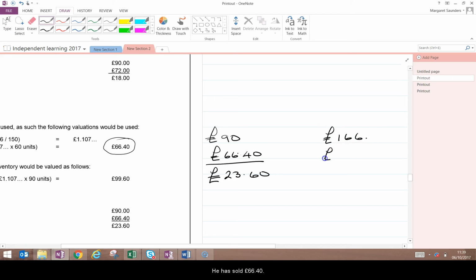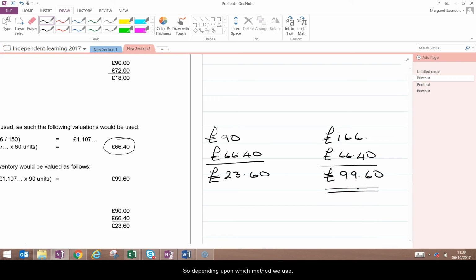He has sold £66.40. Therefore, his closing inventory is £99.60. So again, we have different figures. So depending upon which method we use, we will have different profit figures and different closing inventory valuations.